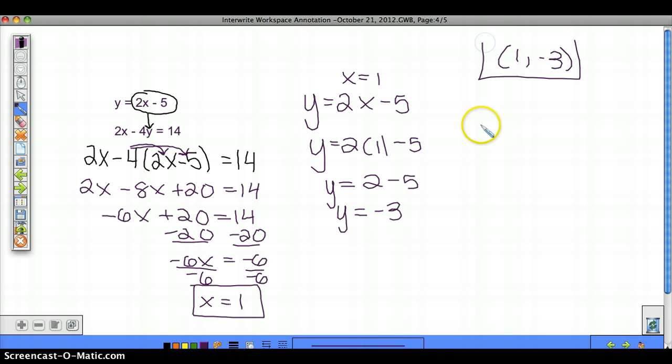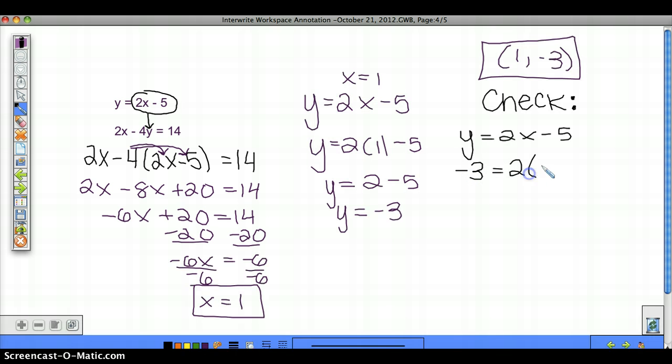And you guessed it, we are going to check every time. I'm going to plug my coordinate point into both equations because it has to work for both. This is not my answer if it works for one equation but not the other. So for y equals 2x minus 5, we get negative 3 equals 2 times 1 minus 5.